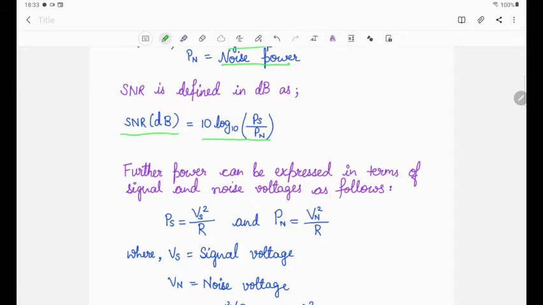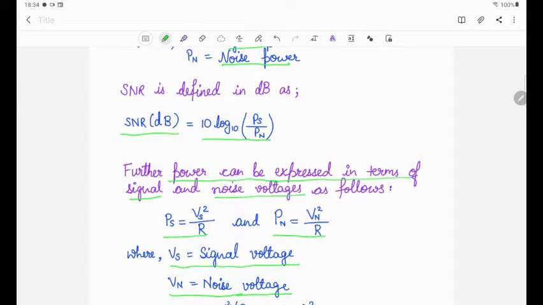Further, we can express SNR in terms of the signal and noise voltages. We can write PS is equal to Vs square by R and PN is equal to Vn square by R, where Vs is the signal voltage and Vn is the noise voltage.